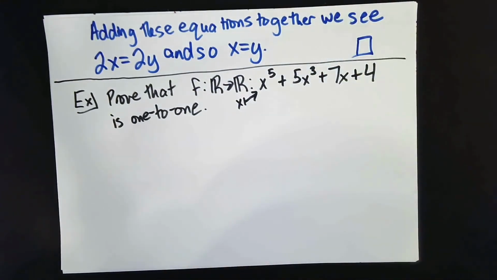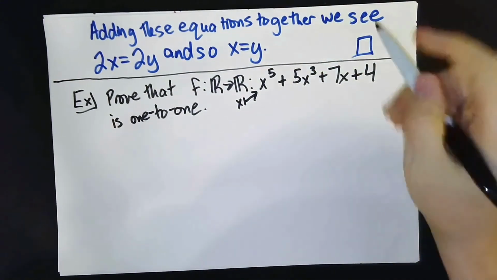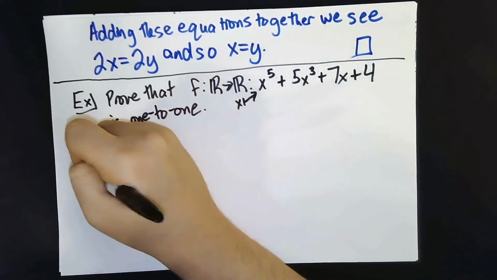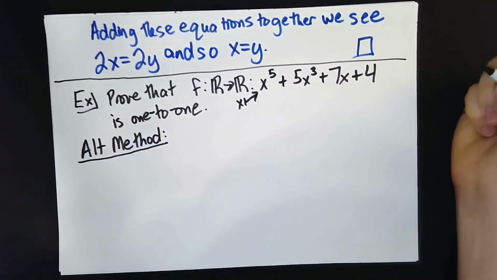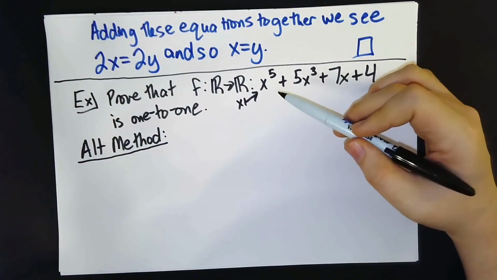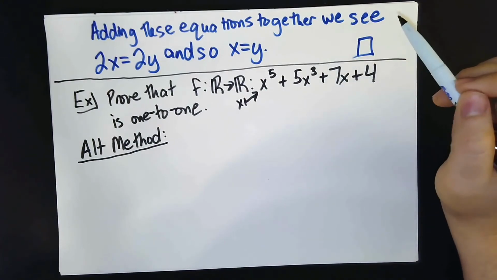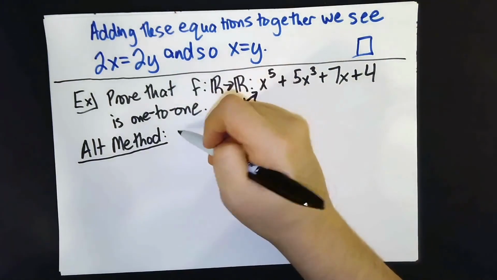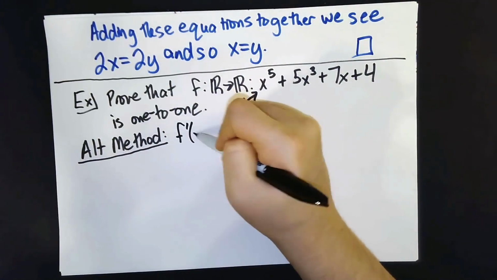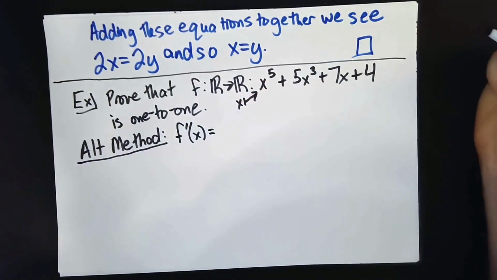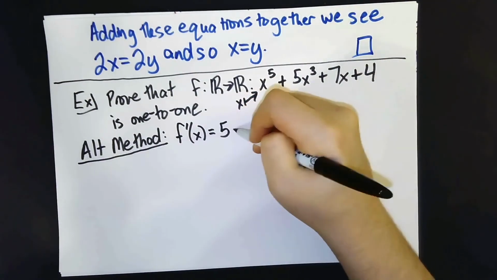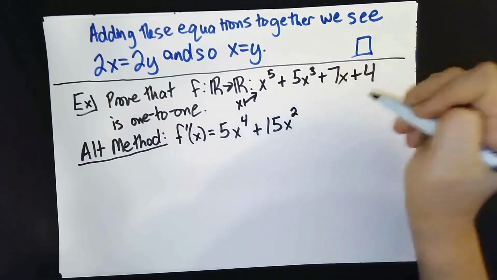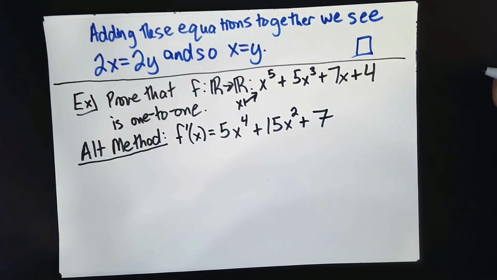So here, for functions like this, there is actually an alternative method. And the alternative method involves thinking about what the graph of this function would look like. And in particular, one way we might think about what the graph of this function looks like is to think about its derivative. Namely, the derivative of this function is 5x to the fourth plus 15x squared plus 7.